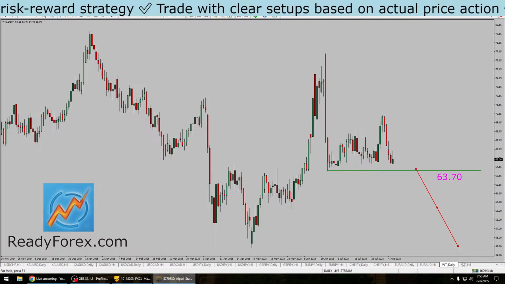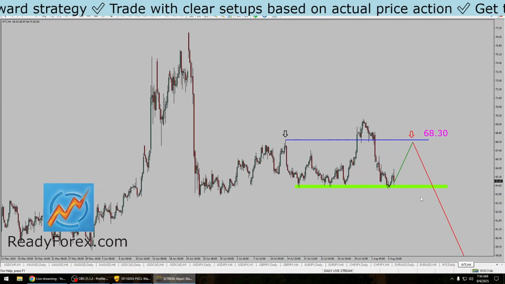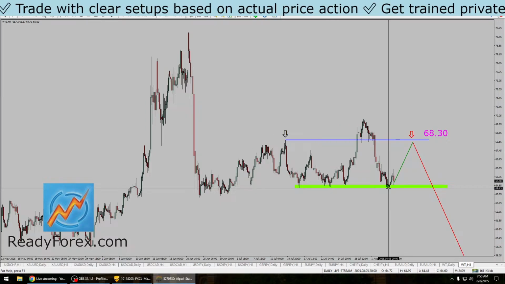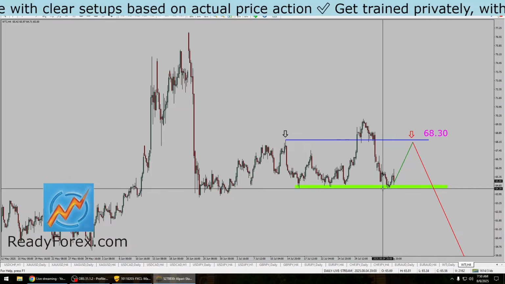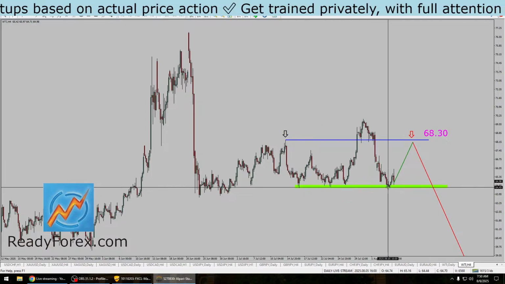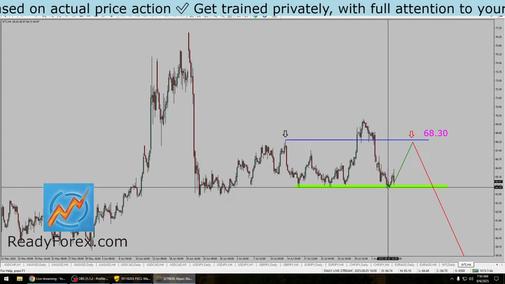If you check out the 4 hour time frame, price action is basically hitting the support area. This green highlighted area is the buy zone for scalpers, for short term, intraday type traders.